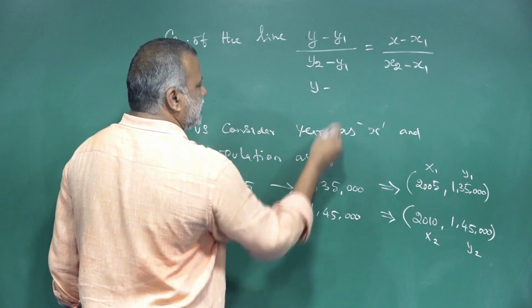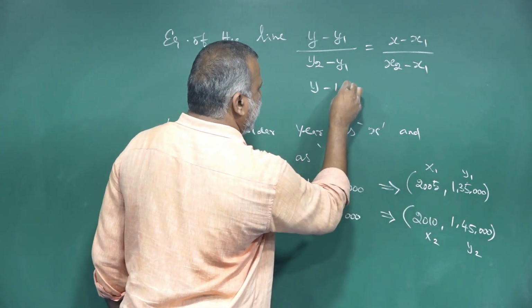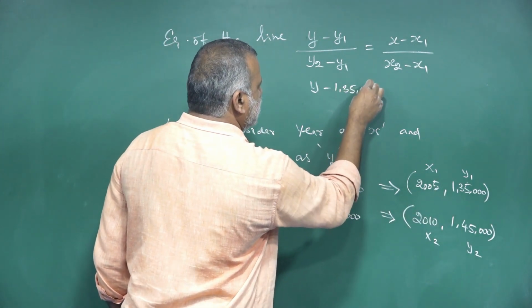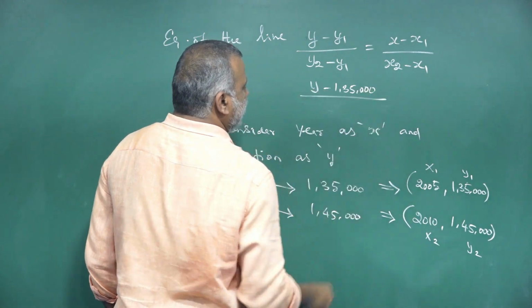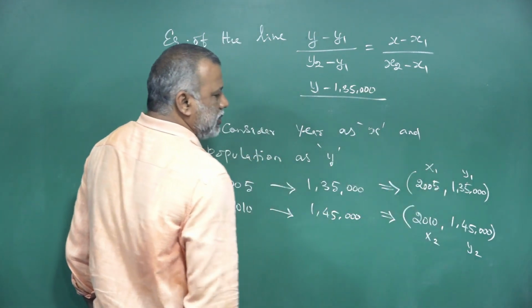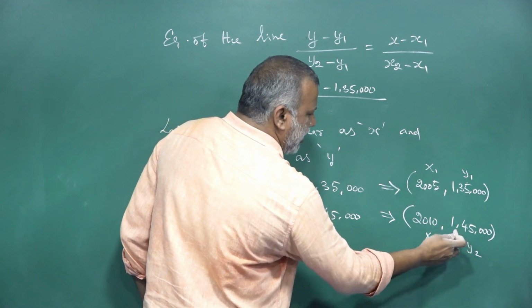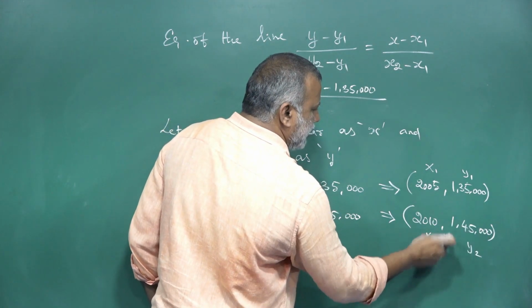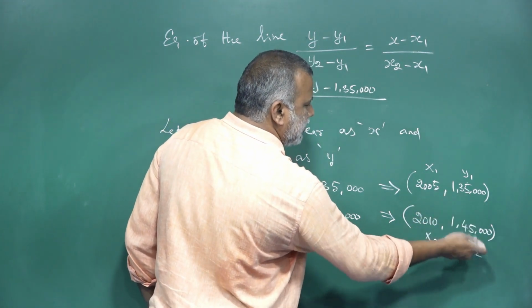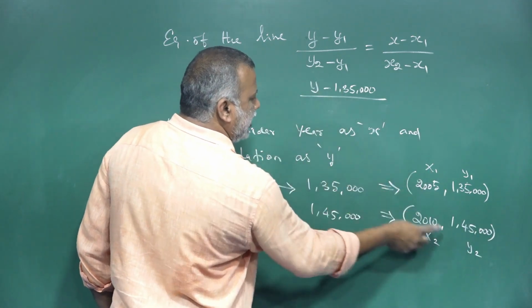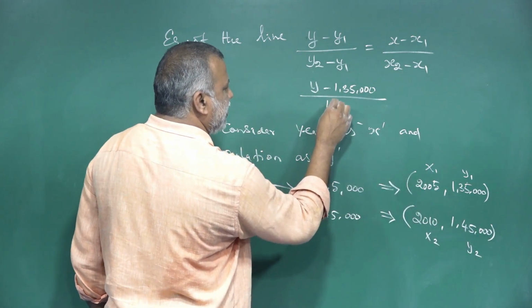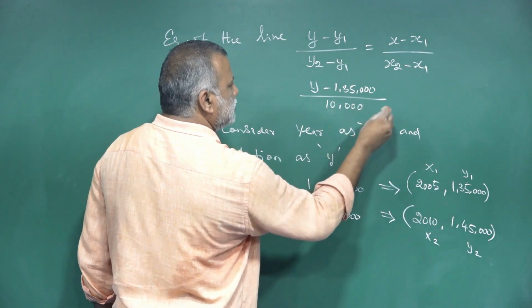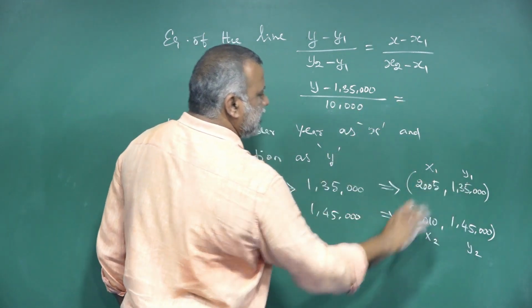y minus y1, that is 1,35,000, divided by y2 minus y1. Simply, y2 is 1,45,000 and y1 is 1,35,000, so the difference y2 minus y1 I can write straight away as 10,000.